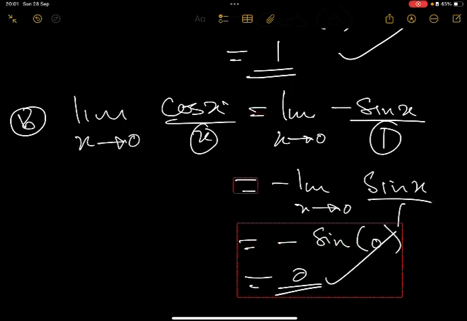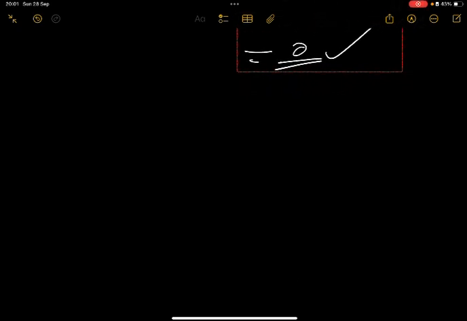So we want to move to indefinite limits.